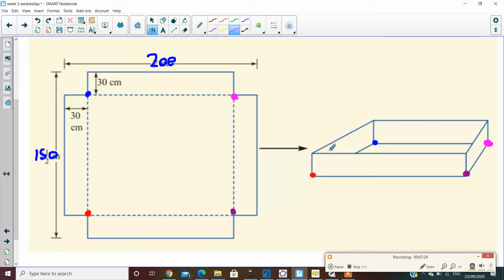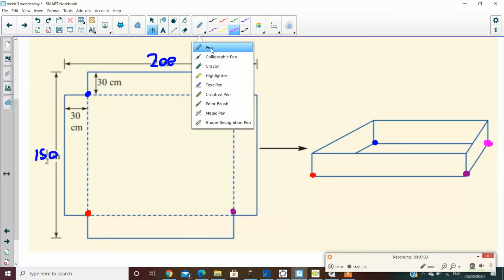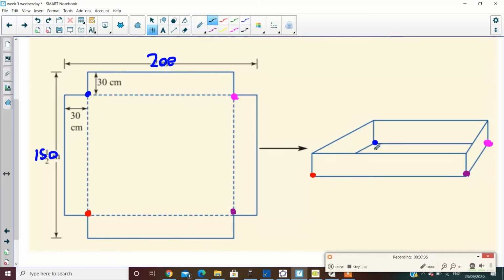Now, okay, you lose part of the length. It's not 150 anymore. Why is it not 150? You cut it twice, didn't you? How many 30s did you lose? You lost 2 30s, didn't you? So what does that mean? It's now 100 and? No. It's now 90 because it's 150 take away the 2 30s you lost.